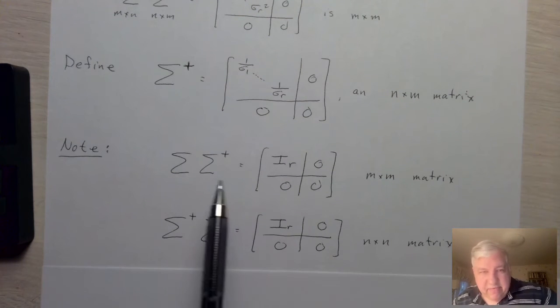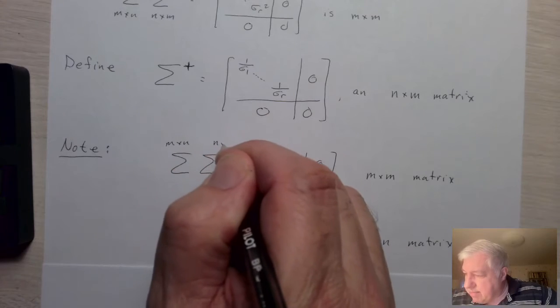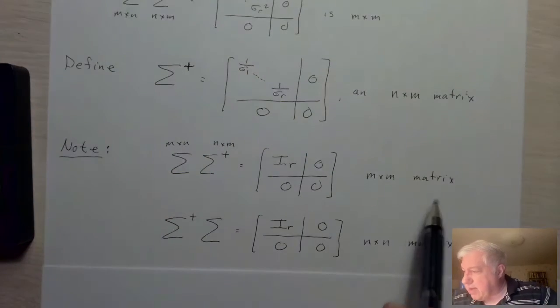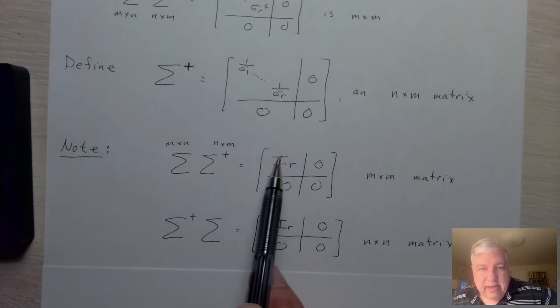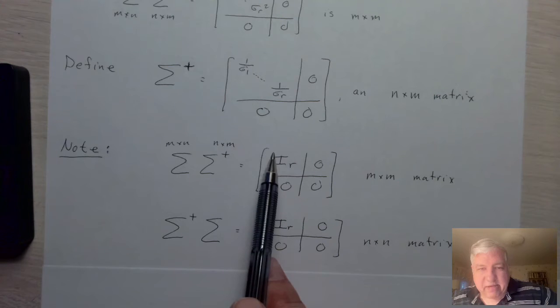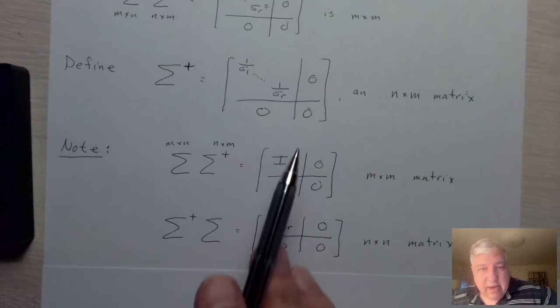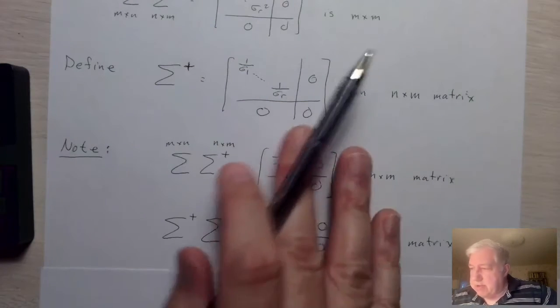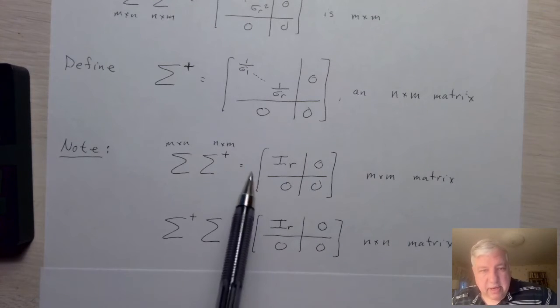If we take sigma times sigma plus, this is an m by n matrix and this is an n by m matrix, so we get an m by m matrix where we have the identity matrix of size r in the upper left-hand corner. So we basically have r ones starting from the top left corner, and then zeros everywhere else. This is because these are reciprocals, and we're multiplying them out.